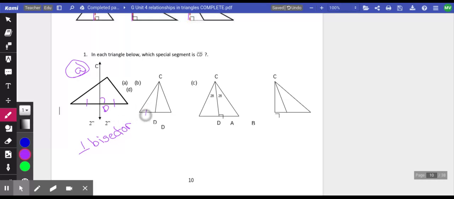Here, CD would cut this in half, so that's a median. These two angles up here are equal, so that's the angle bisector. And last, this is on the outside of the triangle, and therefore it's the altitude because it goes from the vertex forming a right angle.